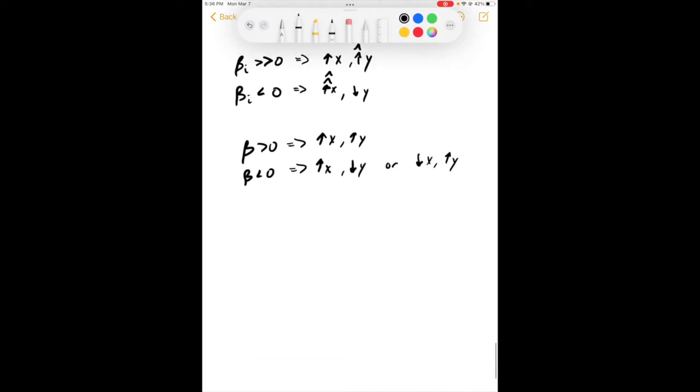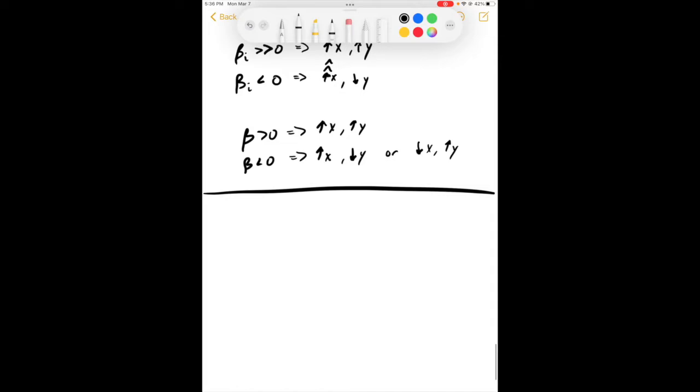So let's say, for example, we're trying to predict S&P 500 returns using GDP. Okay, so I'm going to say this. S&P is related to GDP.